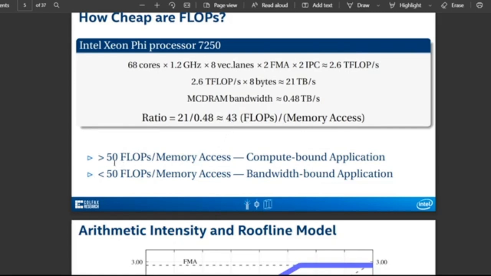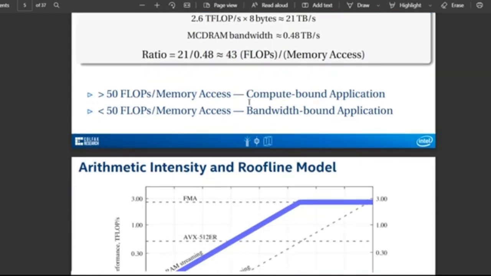If that ratio is over 50, then we can say that our application is compute bound. If it's less than 50, then we have a bandwidth bound application. So it's important, just on the back of an envelope, to do that quick calculation, work out what that ratio is, and figure it out.